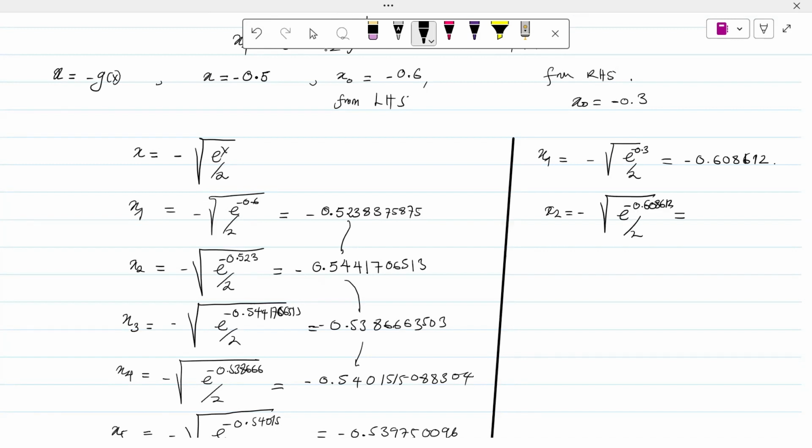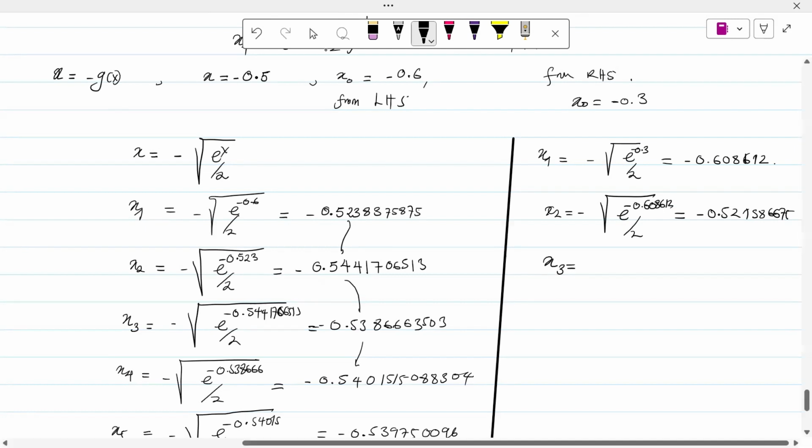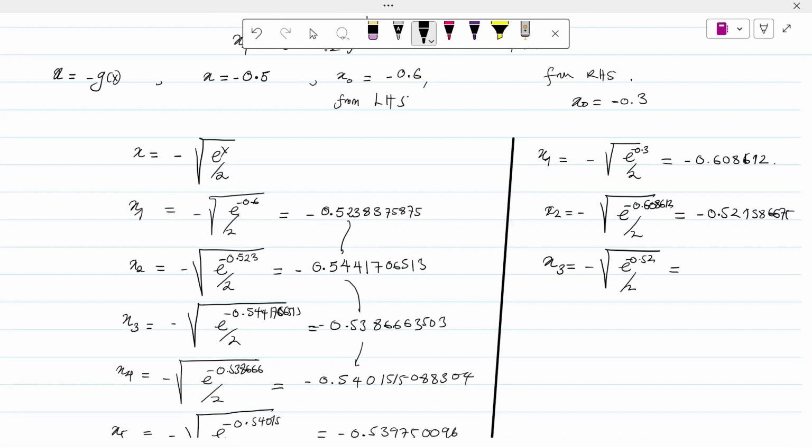What will be x2? 0.521, 58, 66757. Okay, whatever. So you see that here we're also having the same behavior of approaching negative 0.5, or towards 0.5 at least. So how much is this? 0.544. Okay, so there's a swing, right?